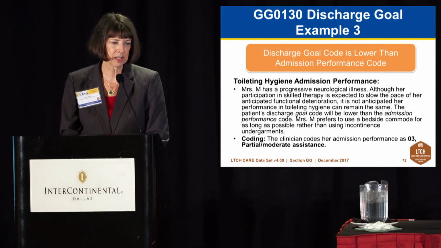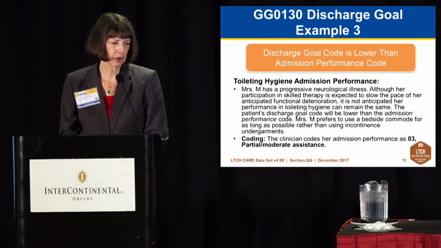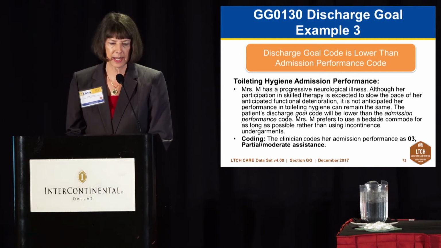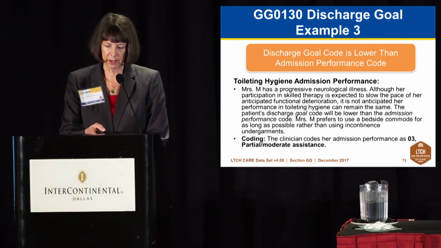Although her participation in skilled therapy is expected to slow the pace of her anticipated functional deterioration, it is not anticipated that her performance in toileting hygiene can remain the same. The patient's discharge goal code will be lower than the admission performance code, and Mrs. M prefers to use a bedside commode for as long as possible rather than using incontinence undergarments. So the clinician codes her admission performance as her present status, which is 03, partial/moderate assistance.